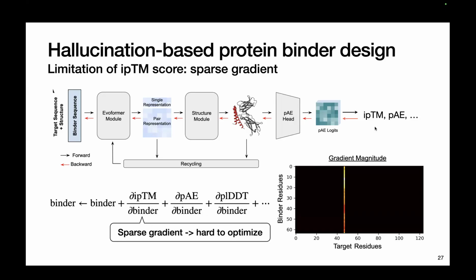So when you backpropagate IPTM towards the binder sequence, only one residue gets updated, because it's the one that's selected by the max operation, right? And you can see that this kind of sparse gradient intuitively will make our optimization hard, right?